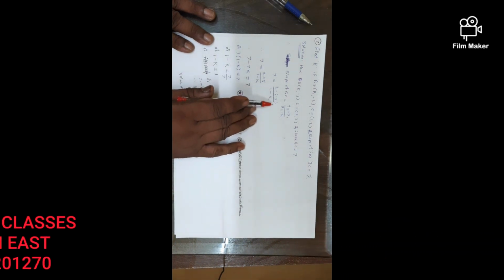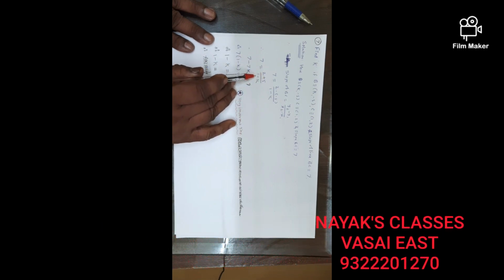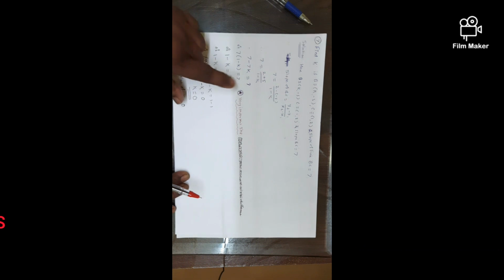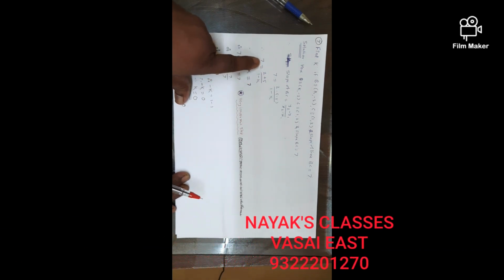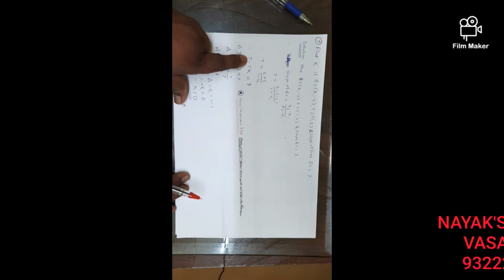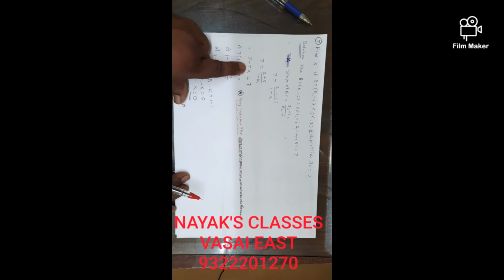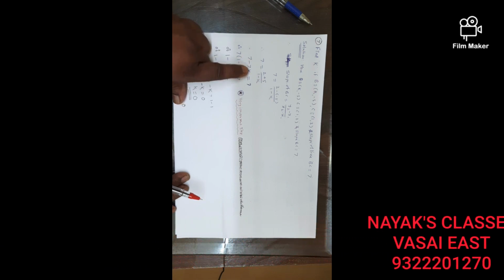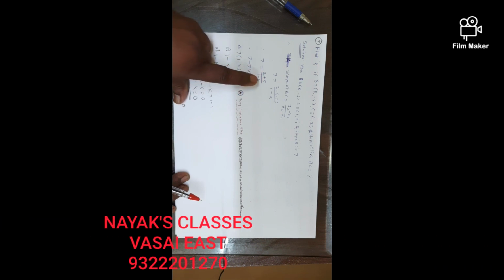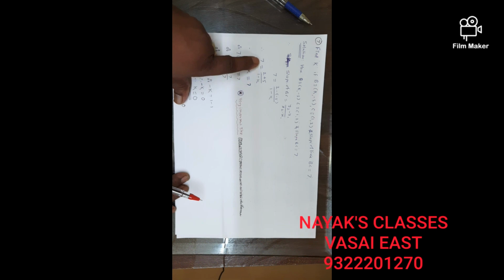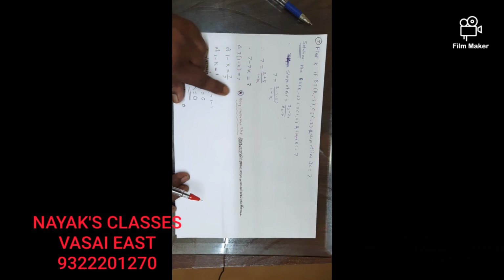So after solving and opening the brackets, 7 is equal to (2 plus 5) upon (1 minus k). So this cross multiplication took place. 1 into 7 is 7, and minus k into 7 is minus 7k, is equal to 2 plus 5, 7.